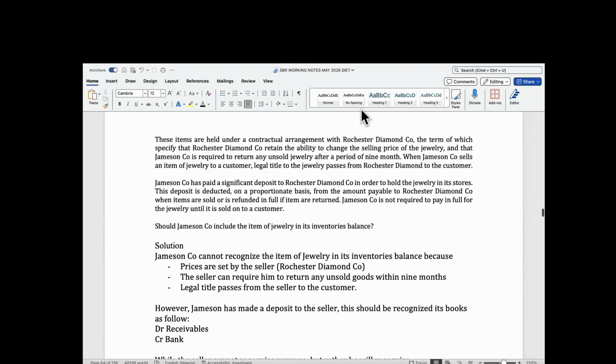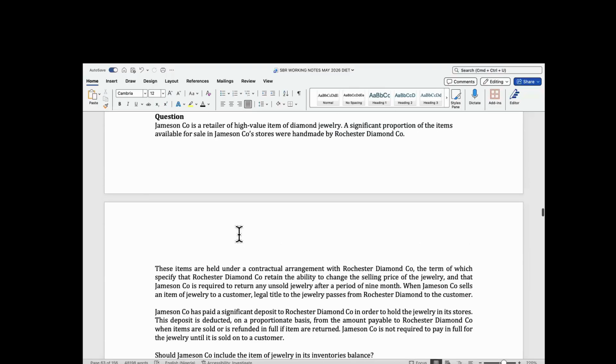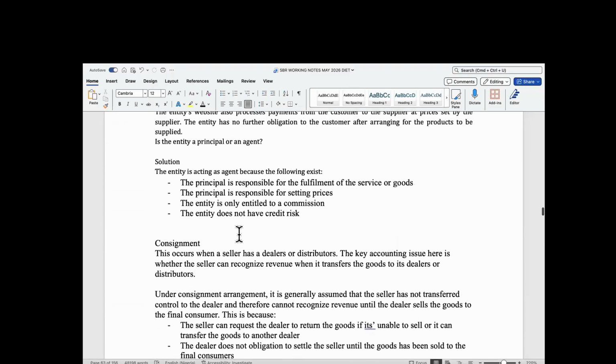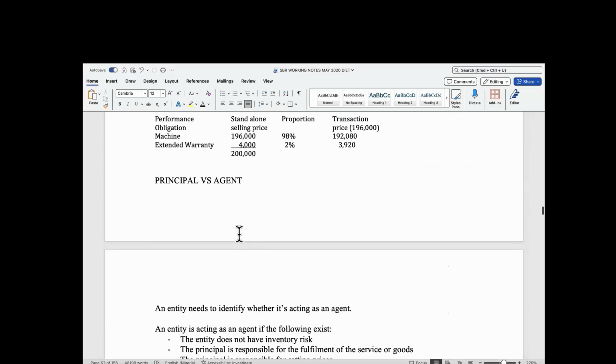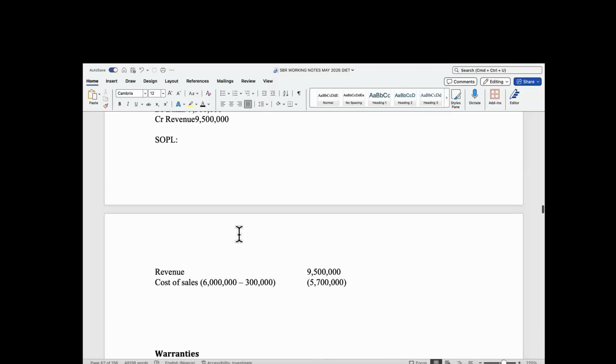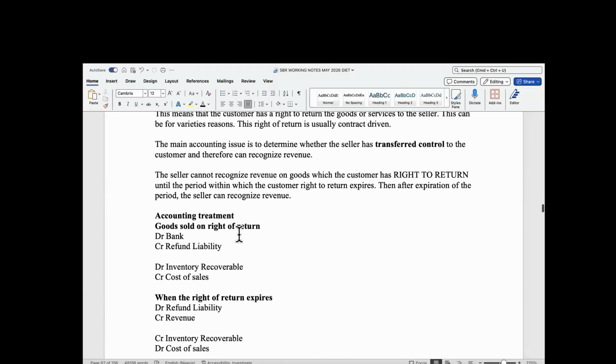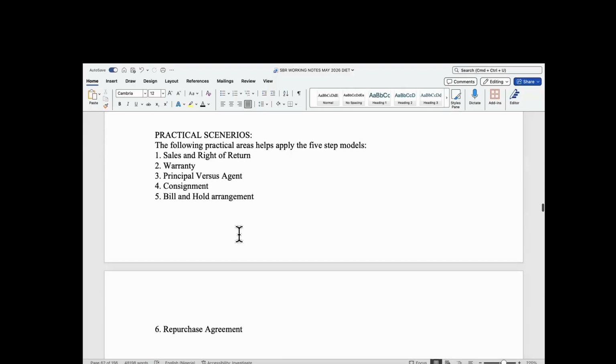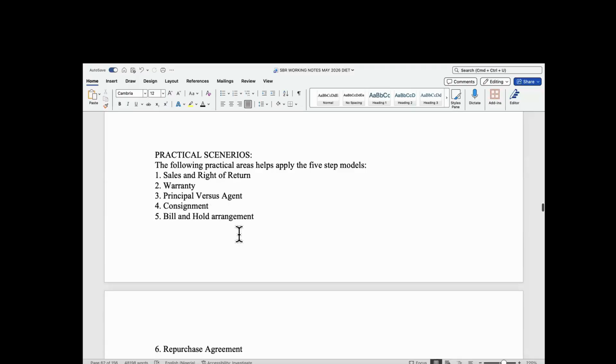Tonight we need to finish up what we started last week on IFRS 15. We started some application areas and we were explaining it, but we could not finish it as fast as we should.